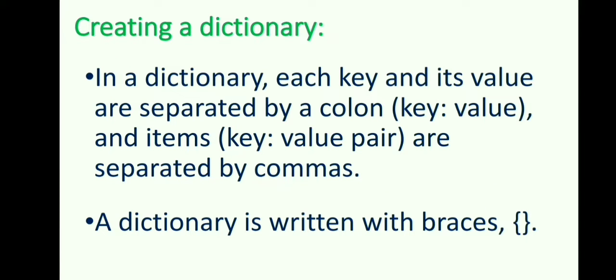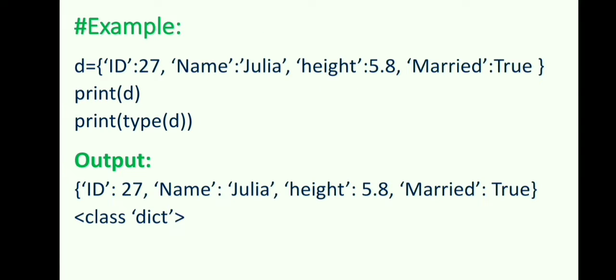Creating a dictionary. In a dictionary, each key and its value are separated by a colon, and items are separated by commas. A dictionary is written with braces. Example: open the Python IDE or any text editor, type this Python code and run it.